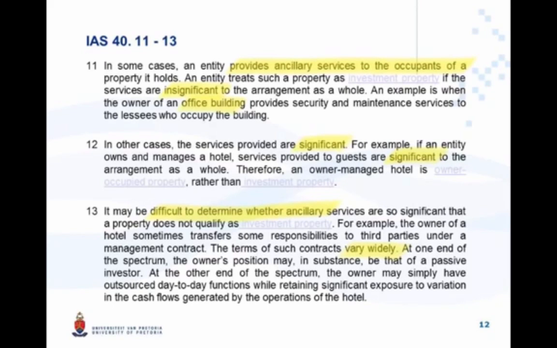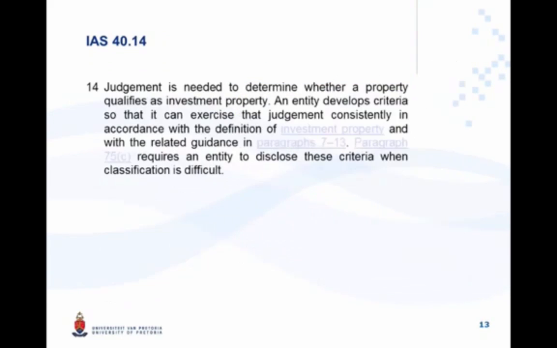At one end of the spectrum, the owner's position may, in substance, be that of a passive investor. At the other end of the spectrum, the owner may simply have outsourced day-to-day functions while retaining significant exposure to variation in the cash flows. So how do you decide? IAS 40 paragraph 14 says, judgment.